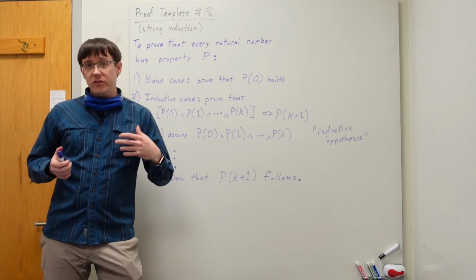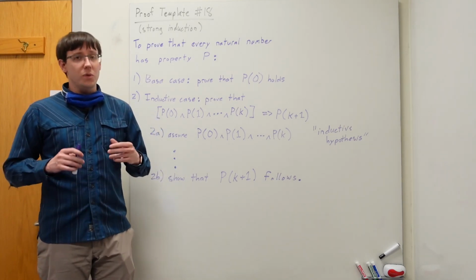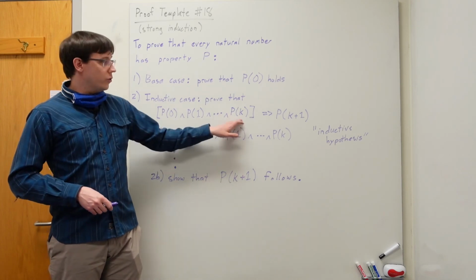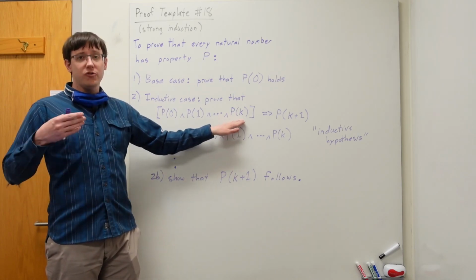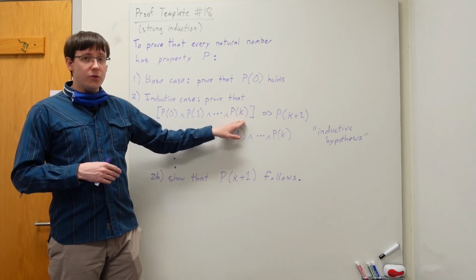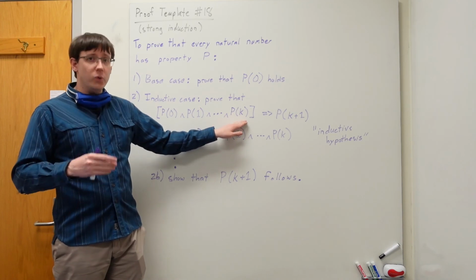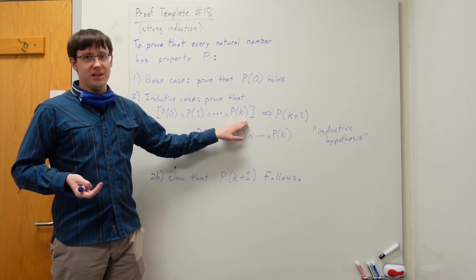Strong induction is very similar to normal induction, except that in the inductive step, we assume not just that the property holds for an arbitrary natural number k, but rather that the property holds for all natural numbers up to the arbitrarily chosen k.